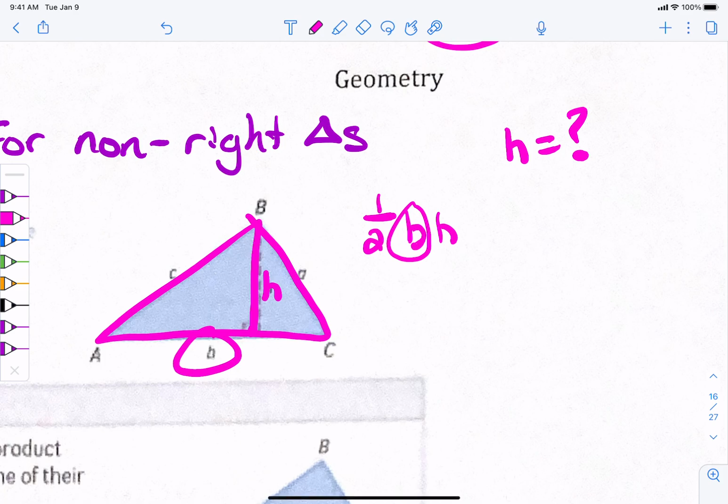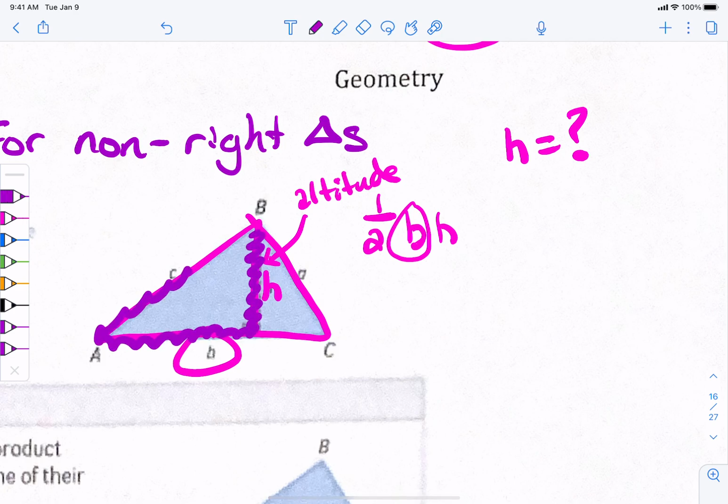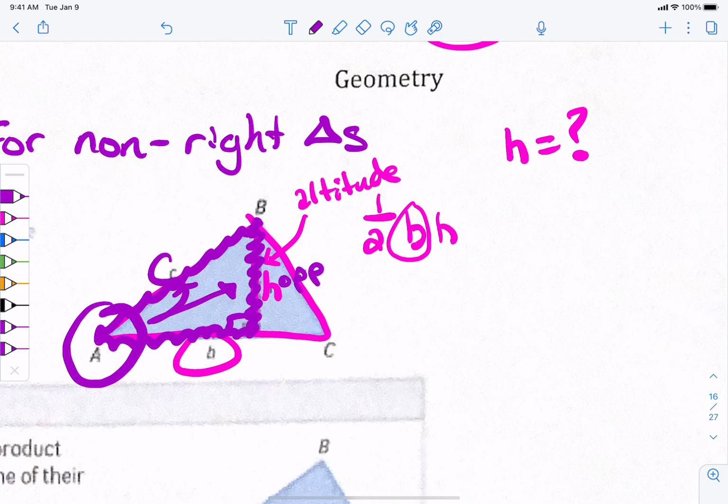This is actually called an altitude, because it's straight down making a 90-degree angle. So H is actually an altitude. And if I look at just this triangle right here, let's talk about H in terms of angle A. It's a 90-degree angle now. H is opposite. Okay, and let's talk about C, because they have this labeled as C.